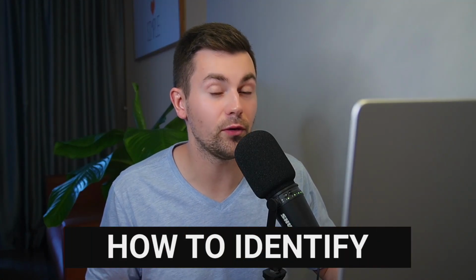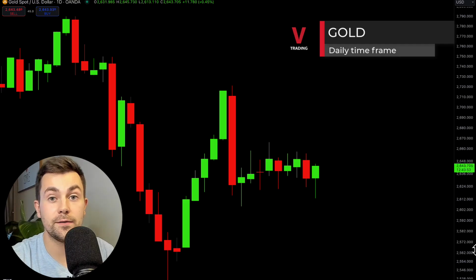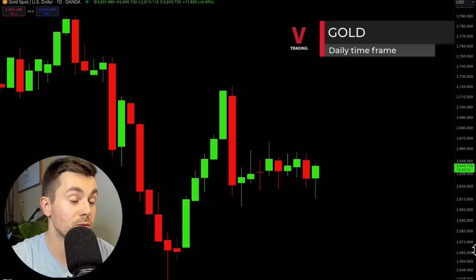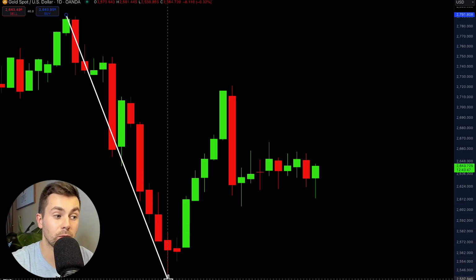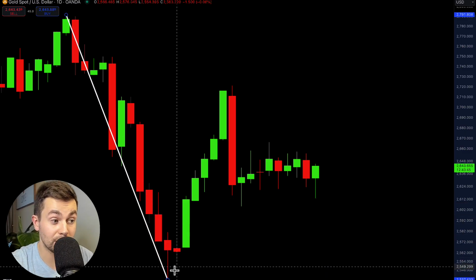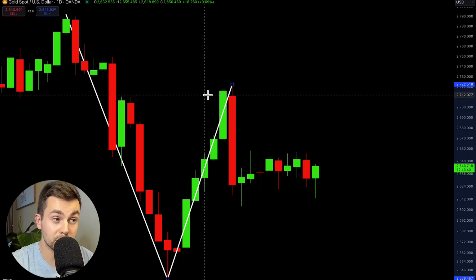First, let's open a gold chart and discuss how to identify a consolidation. We are on the gold chart on a daily, and here you can see a very perfect example of the consolidation. You can see that first the market was very bearish, the market was falling rapidly, then the market started to grow and we saw a strong bullish movement.